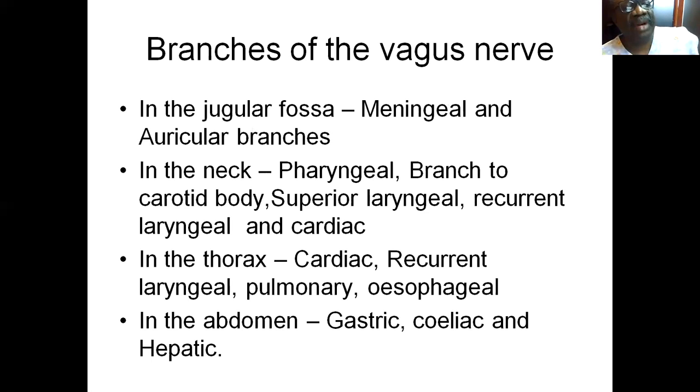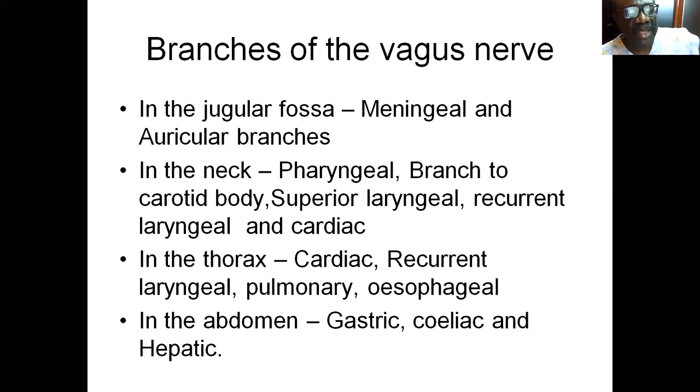We're going to look at the branches of the vagus nerve. In the jugular fossa, you have the meningeal and the auricular branch. In the neck, you have the pharyngeal branch, the branch to the carotid body, the superior laryngeal and the recurrent laryngeal, and the cardiac. In the thorax, you have the cardiac, recurrent laryngeal, the pulmonary, and the esophageal.